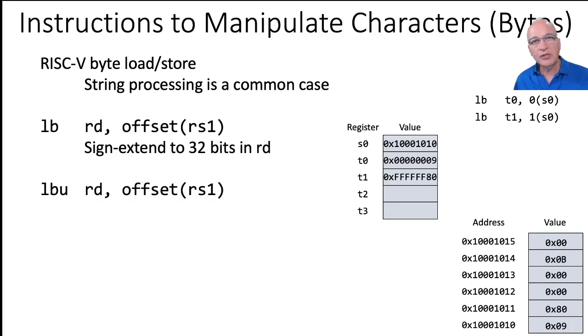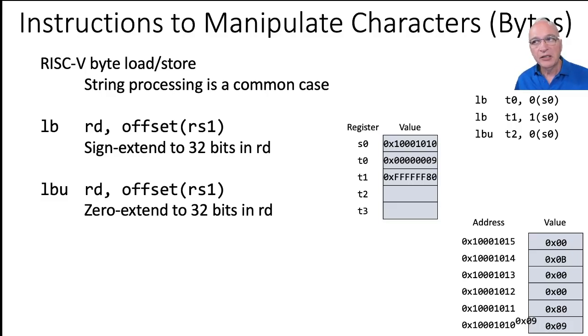Another instruction that we have for manipulating bytes is the LBU. The LBU zero extends the value to 32 bits into the destination register. U stands for unsigned, so this is the load byte unsigned instruction. As an example, if we load the same value 0x09 into T2, the zero extension will add zeros to the upper bits.